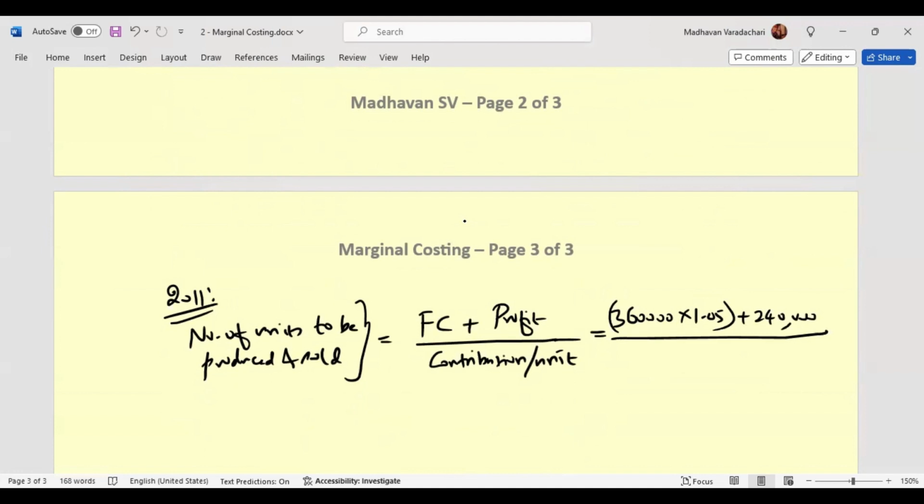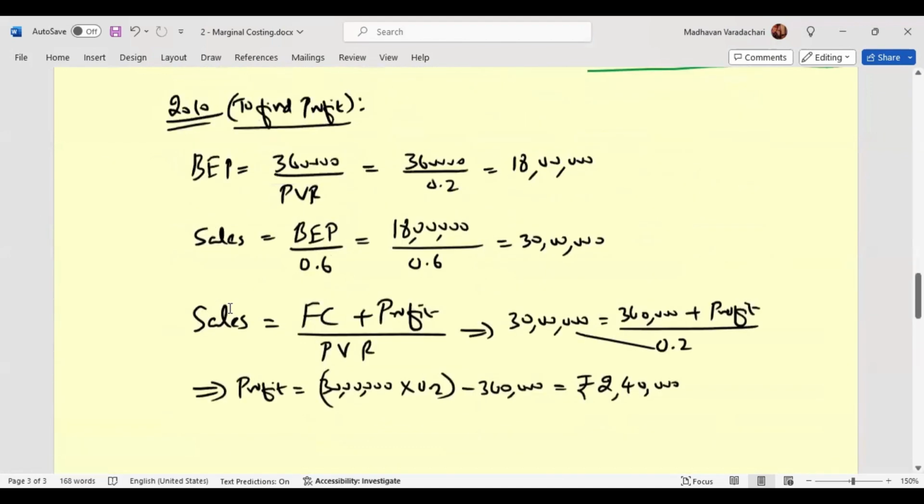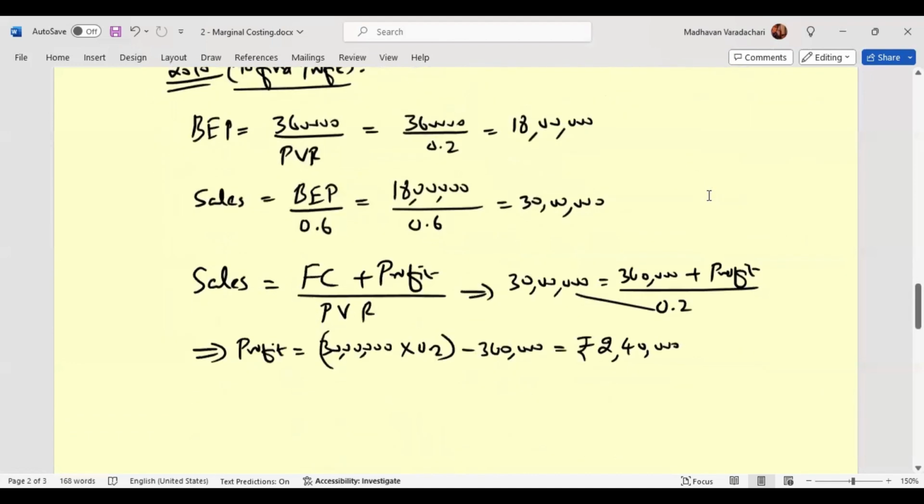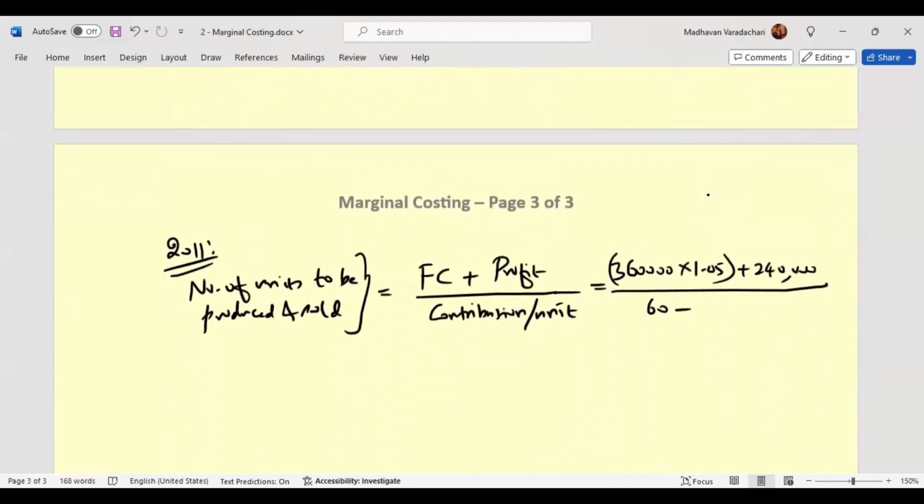Contribution per unit is selling price minus variable cost per unit. In 2011, variable cost per unit is 48 into 1.1. If we calculate that, we get 85,833 units. So that is the solution for this question.